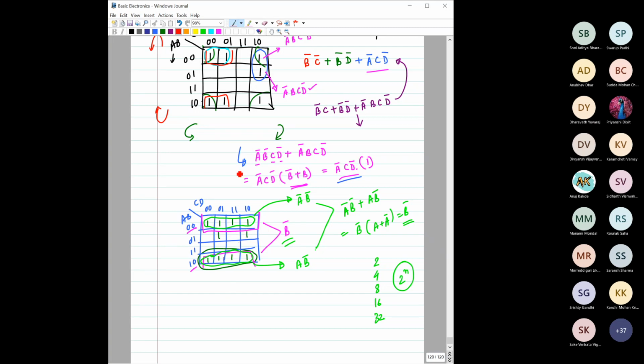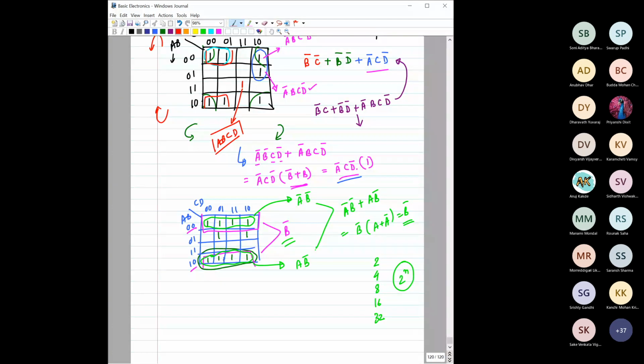For example, in this earlier example, if there is a one here, you cannot combine this one with any of these ones, right? So for this one, you should have written separately this A, B, and C, D. So this term will come in addition to this separately, if you are not able to combine.